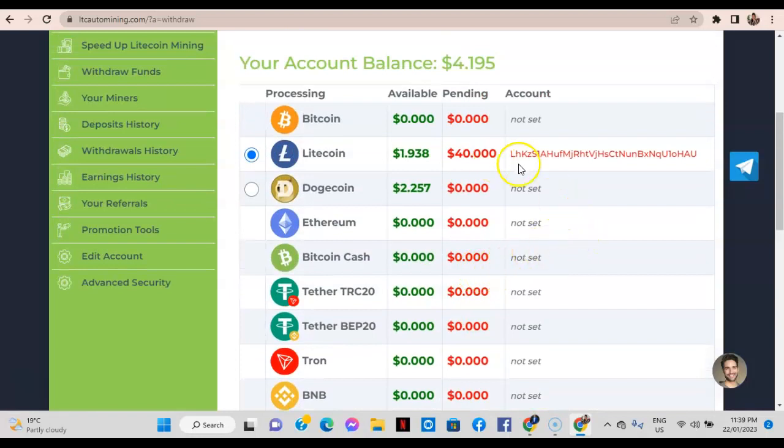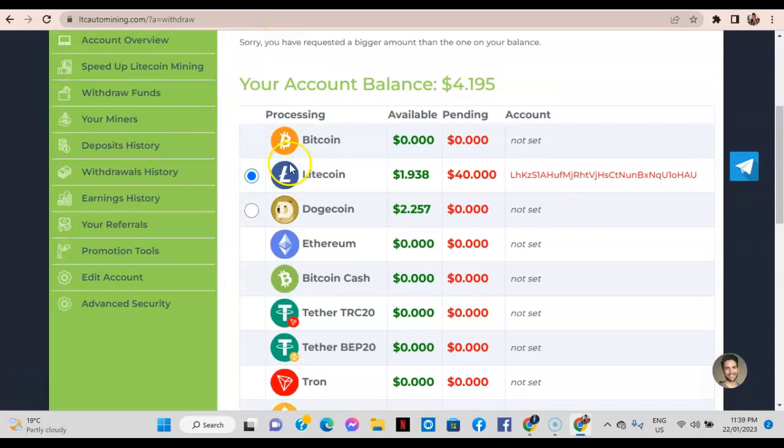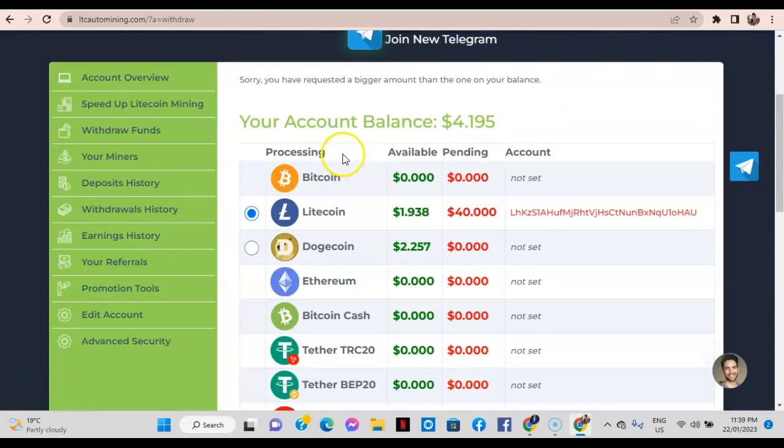Before you join any of these mining systems, mining for cryptos, firstly you need to open up a Binance account, which is a cryptocurrency bank. Open one up, it's really important.